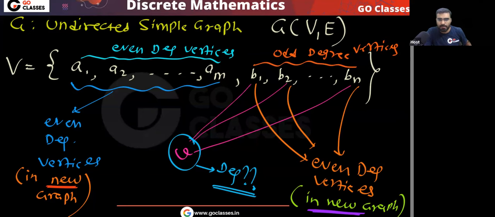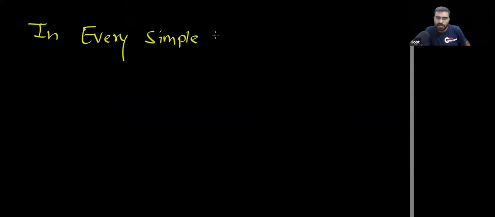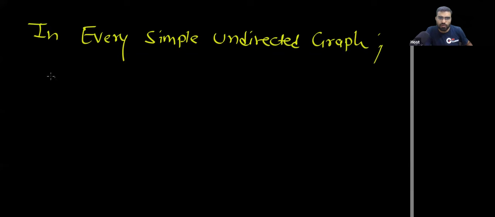Yes, we can guarantee. Why? Because we already know that in every simple undirected graph, the number of odd degree vertices is always even.